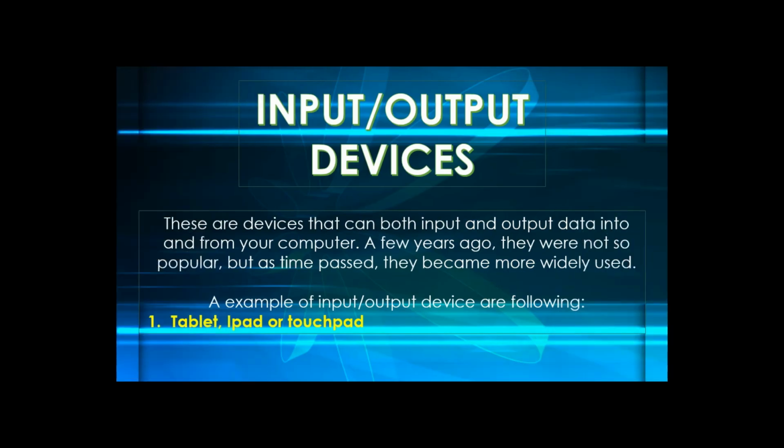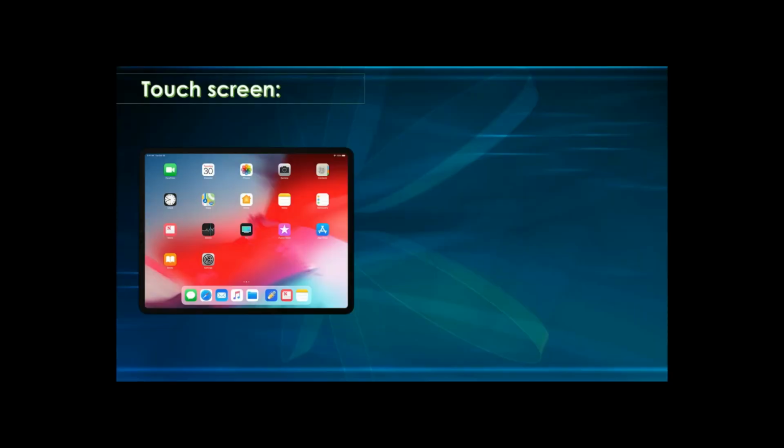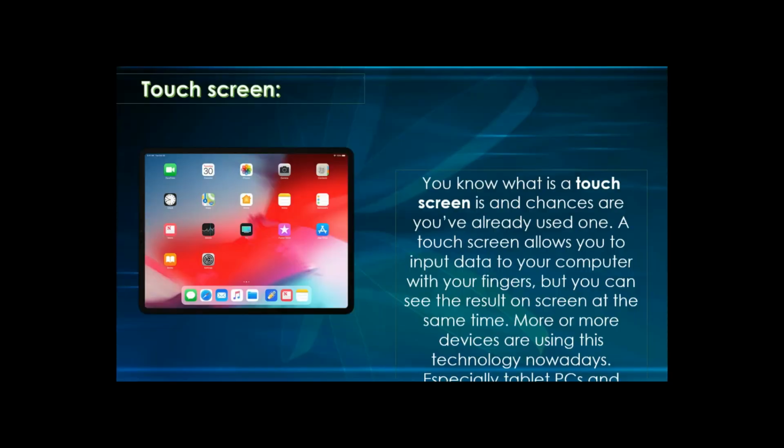Our third category is input-output devices, and these are devices that can both input and output data into and from your computer. A few years ago, they were not so popular, but as time passed, they became more widely used. Examples of input-output devices are the following: tablet, iPad or touchpad. Touch screen.